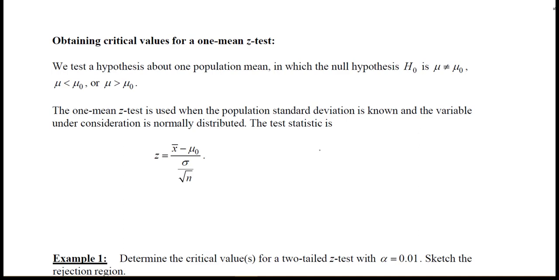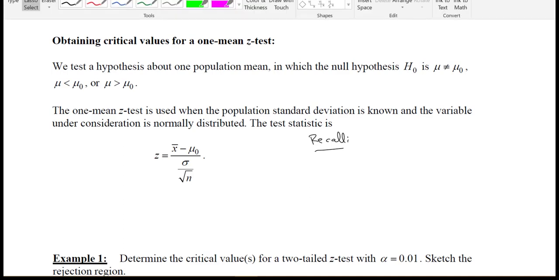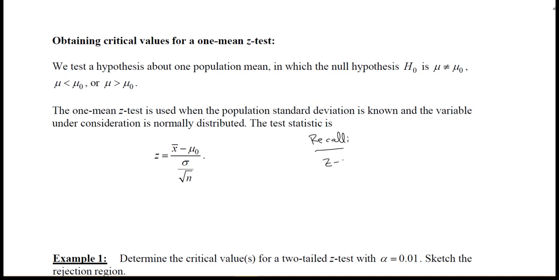Remember that if we have a z-score for an individual, it could be a person, a plant, one data point, whatever you're measuring, we do X minus the population mean divided by the population standard deviation.